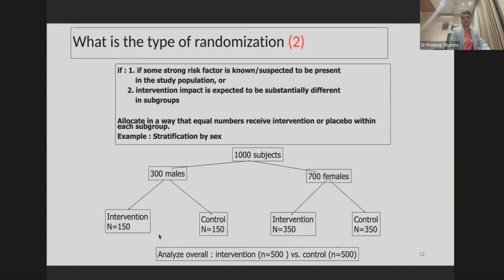Males have been separately randomized, females have been separately randomized, because sometimes the outcome depends on the gender. For example, if we talk of breast cancer, the males have a poorer prognosis. Okay, so in such a case, we stratify them by sex. This is called a stratified randomization.